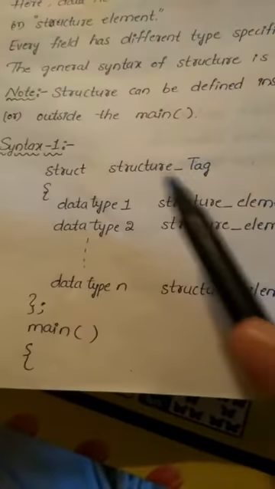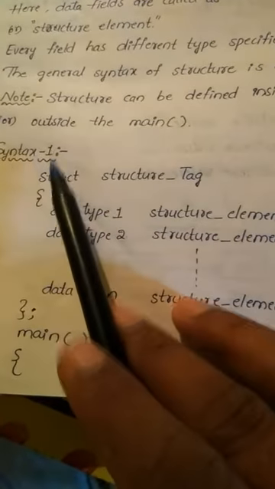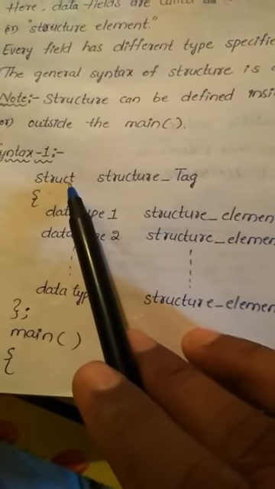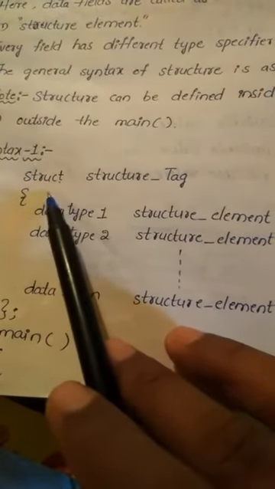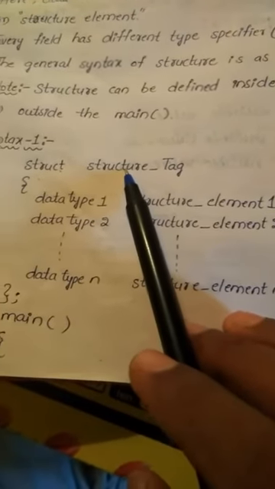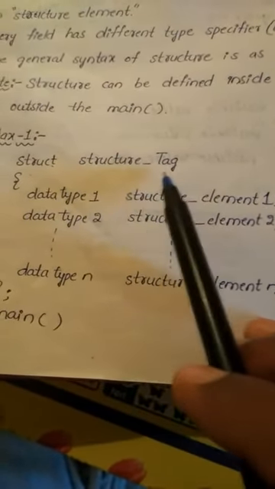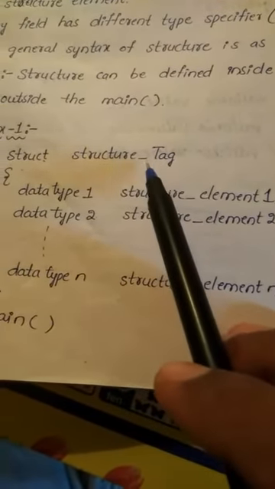Next, syntax. How to declare a structure in C language. We use the struct keyword to declare a structure. Struct is a keyword, and structure tag means the name of the structure.